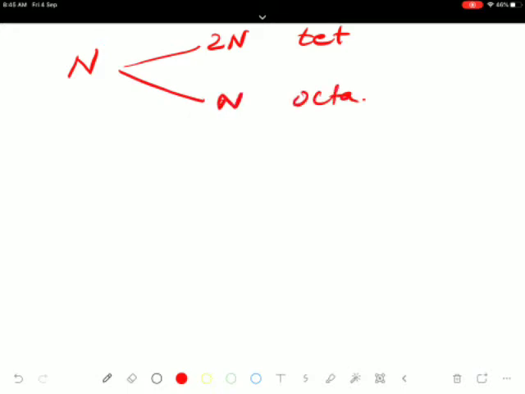If you make many layers, if you are using n bigger atoms, and you count the number of octahedral voids, you will get the same number, n, while tetrahedral voids, when you count, you will get double the number, that is twice n.